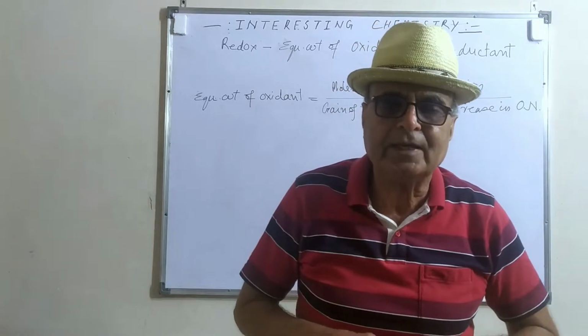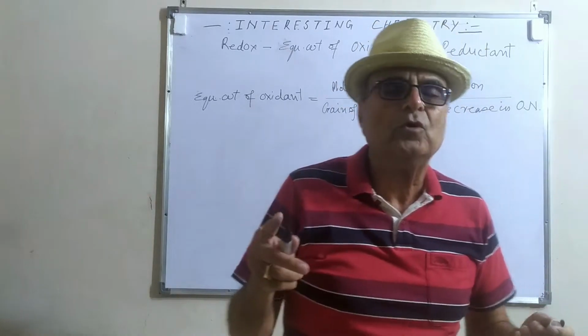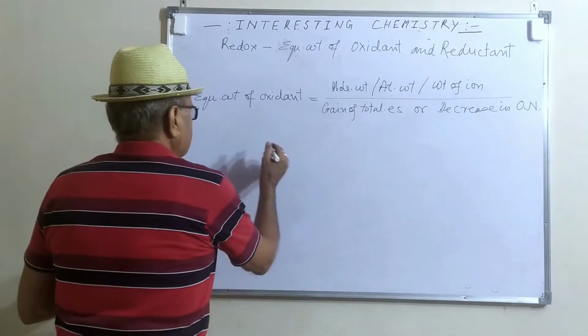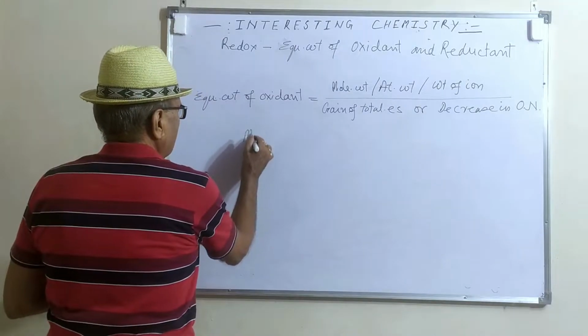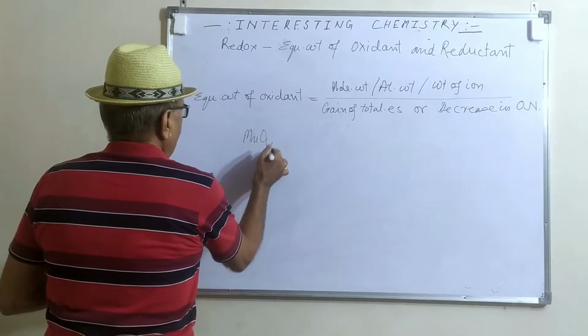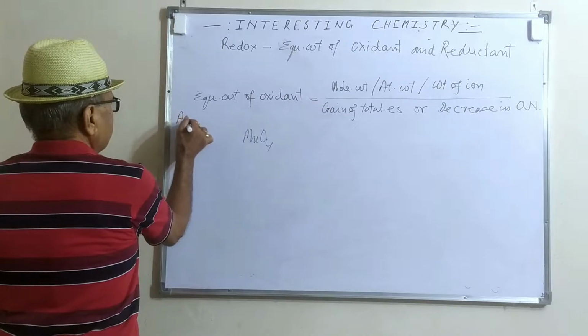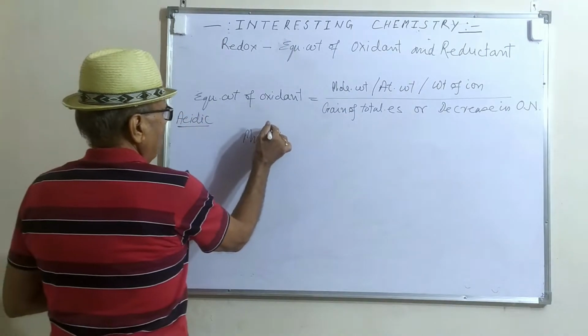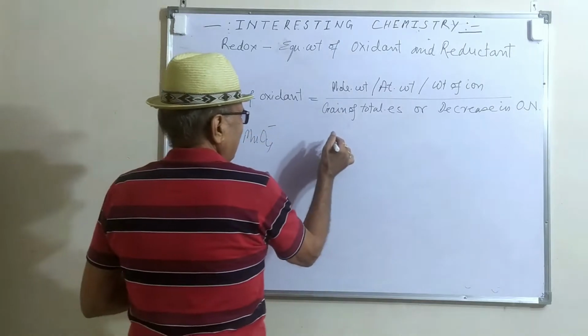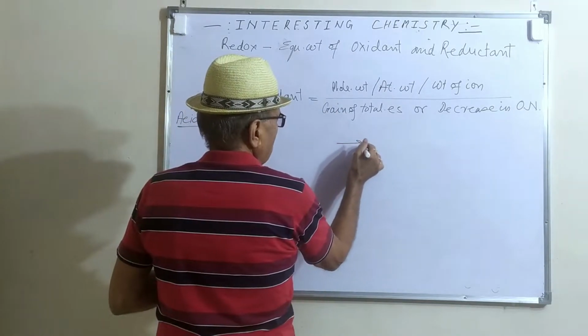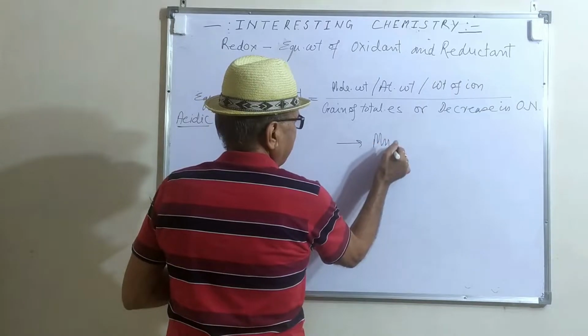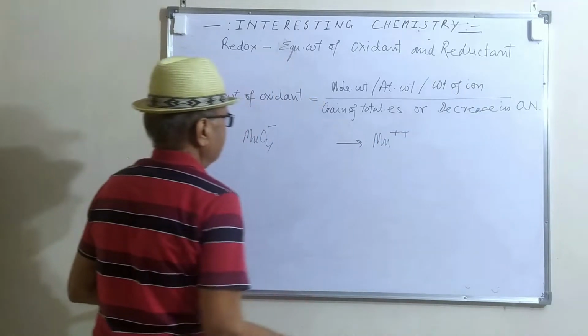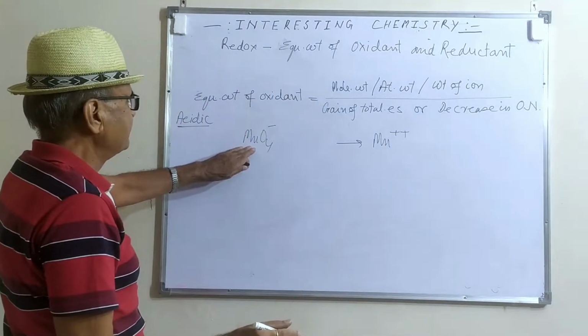Now I will tell you with some examples. Suppose it is MnO4 negative in acidic medium, it changes to Mn double positive. It is an oxidant.